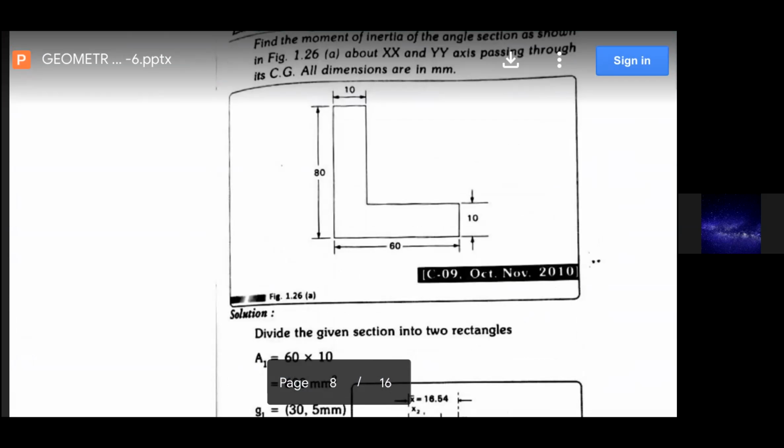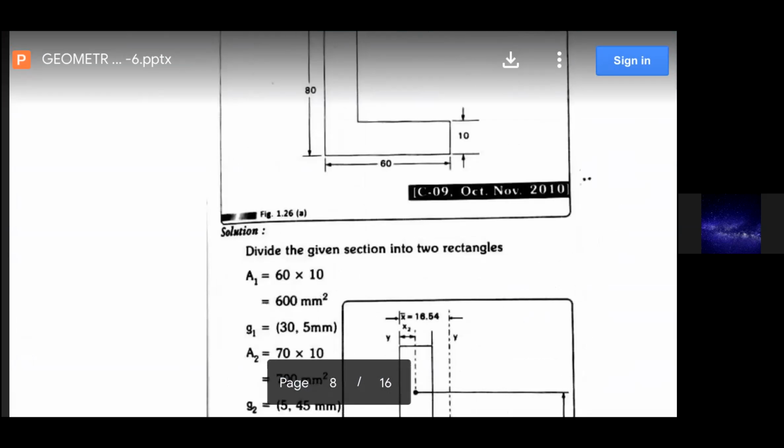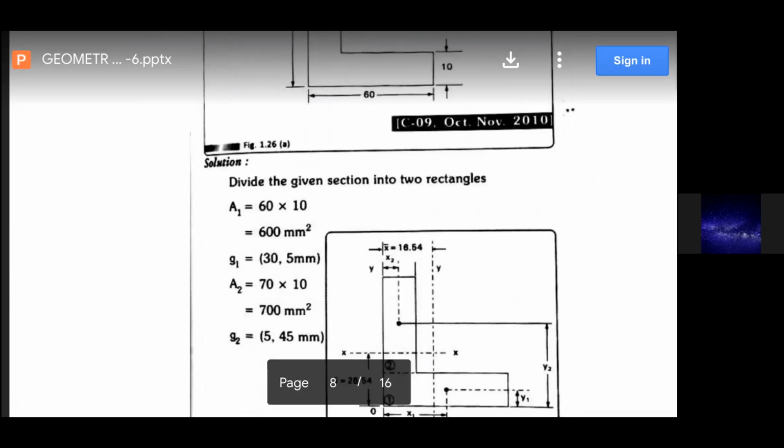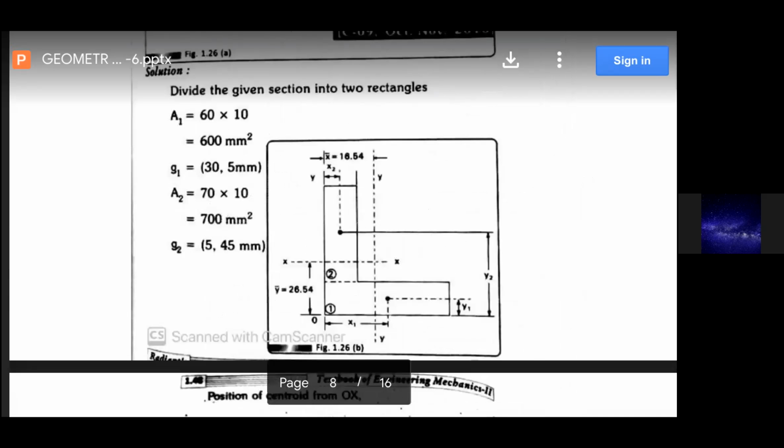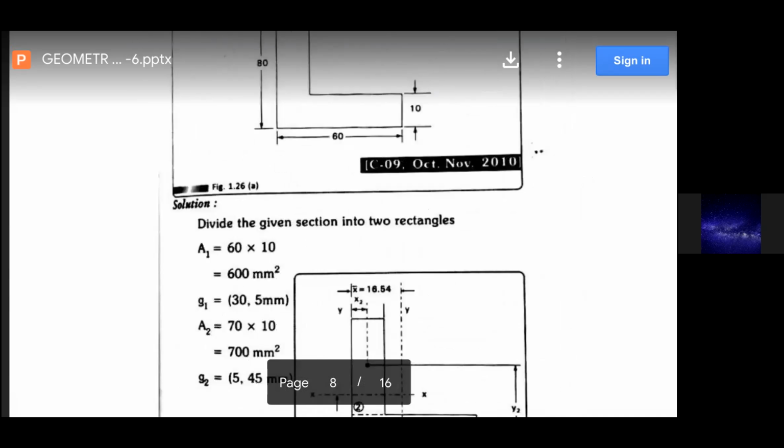The first step is to divide it into two rectangle sections. Along these dashed lines, we will divide. Then first we have to find the centroid of this L section.